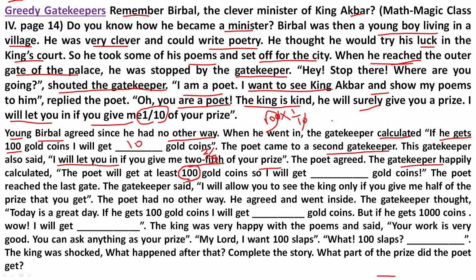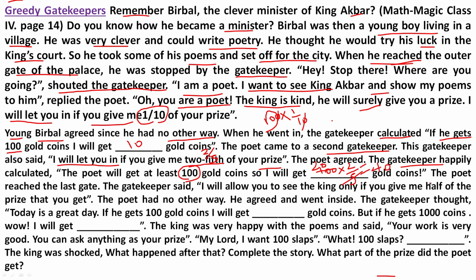So from 100 coins, the share to be given to the second gatekeeper is 2/5. So 100 multiplied by 2/5. 1/5 is 20, since 5 twenties are 100. So 20 into 2 is equal to definitely 40 coins.